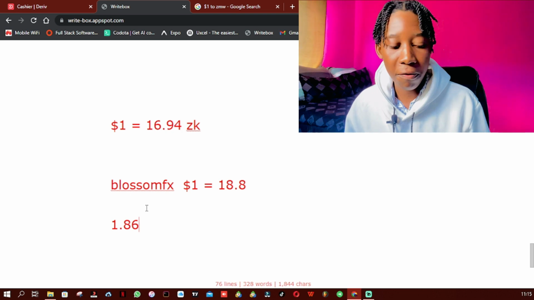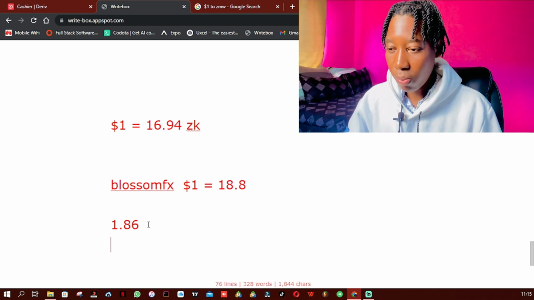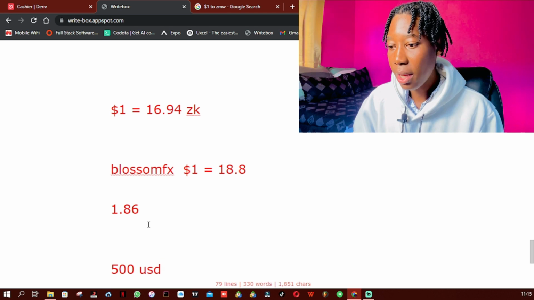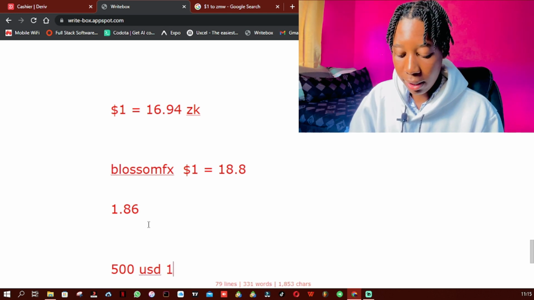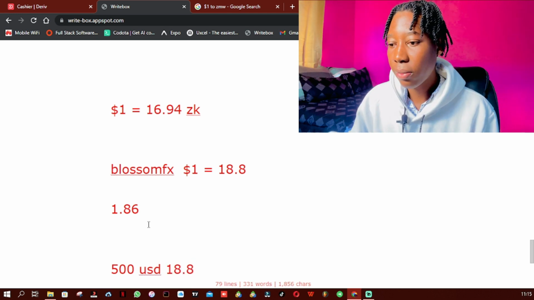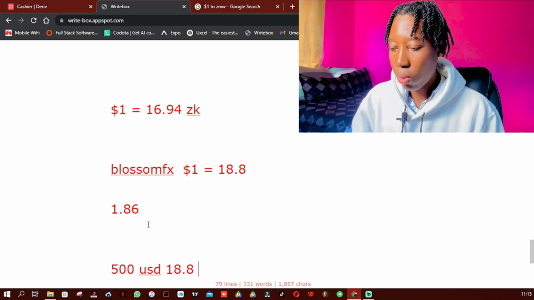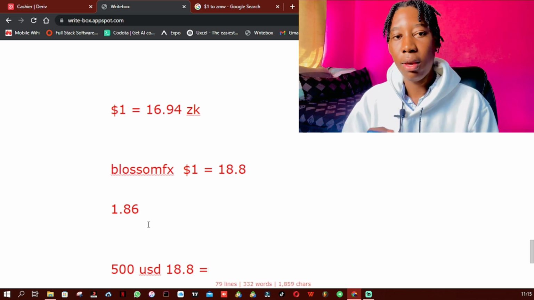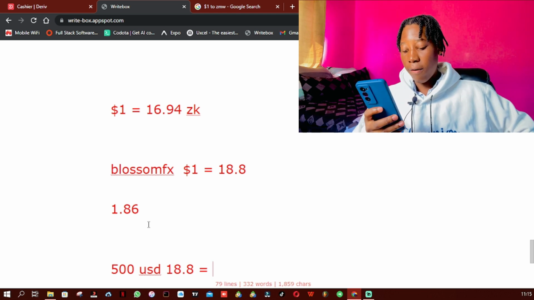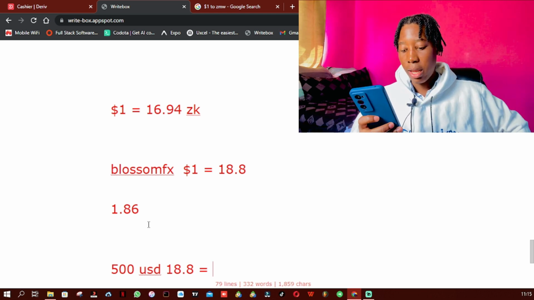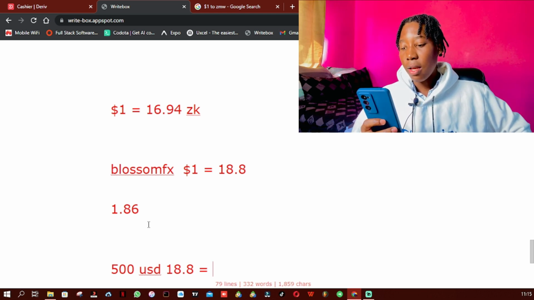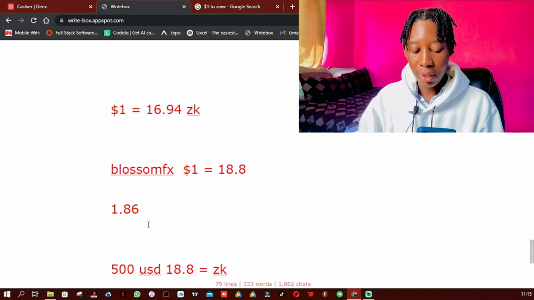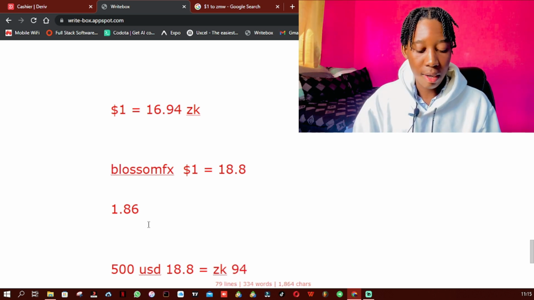How much profit would he make? So let us say he's selling 500 USD at the rate of 18.8. I'm simply going to multiply 500 times 18.8, which gives Zambian kwacha 9400.